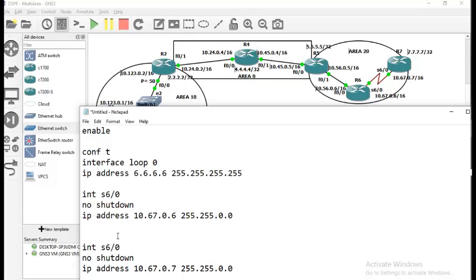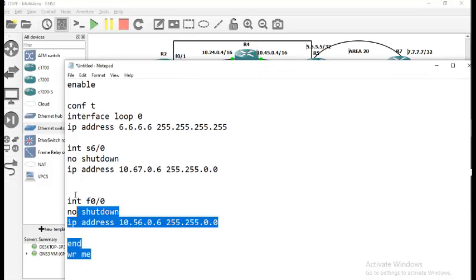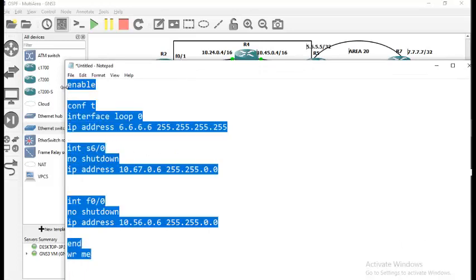And then the FastEthernet on the other side. That's all. So this is what we are going to put on router 6.